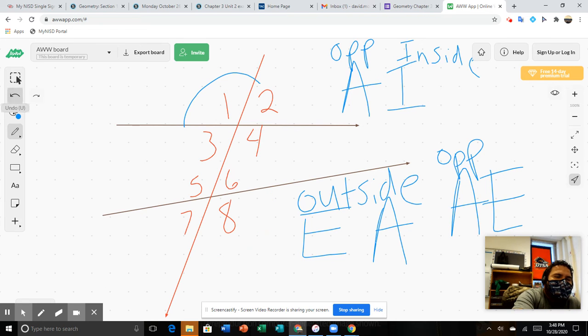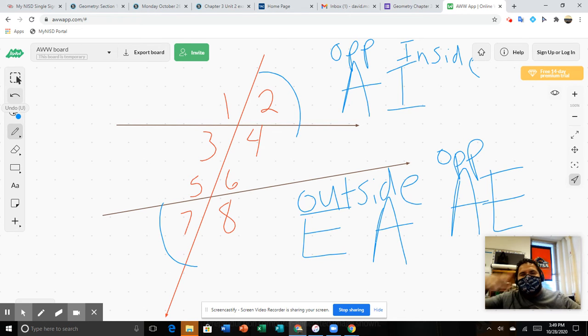Angles 7 and 2 are also alternate exterior angles because they're on opposite sides and they're on the outside of the lines being cut by the transversal. So we've got alternate exterior and alternate interior. Let me go ahead and clear this page real quick.